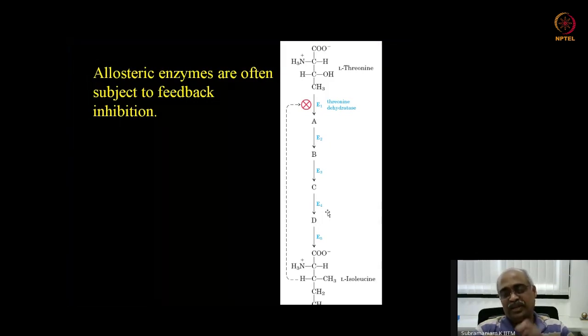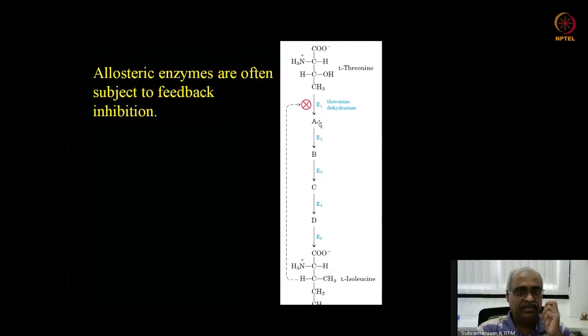Now we are looking at a biochemical pathway where one substrate is converted into a sub-product which is released out of that enzyme. Okay, which can go into multiple different pathways, and in this particular direction, then E2 acts on A to make B, and so on.